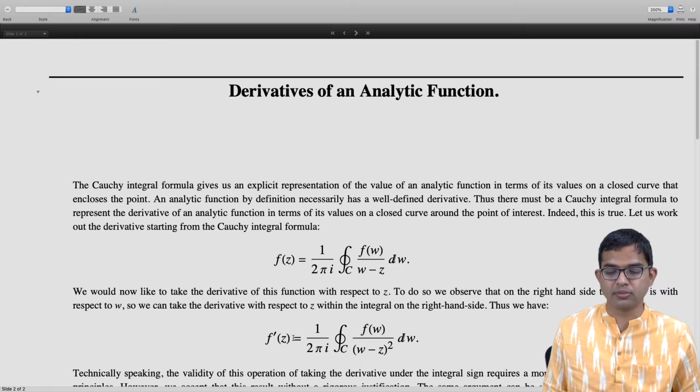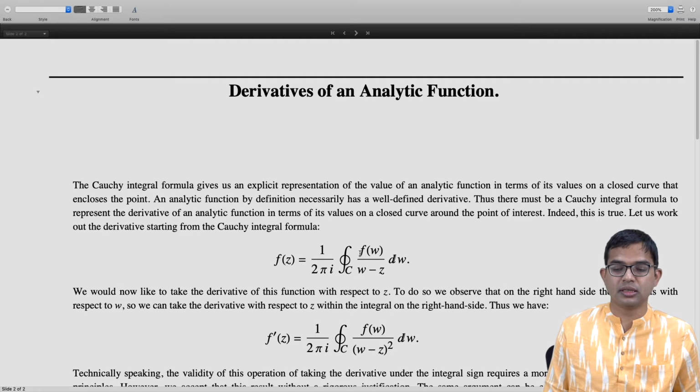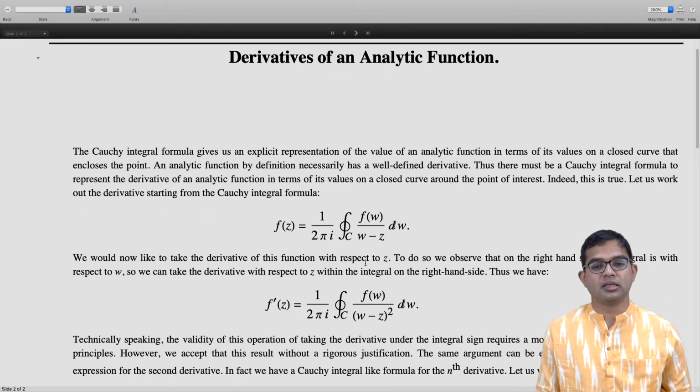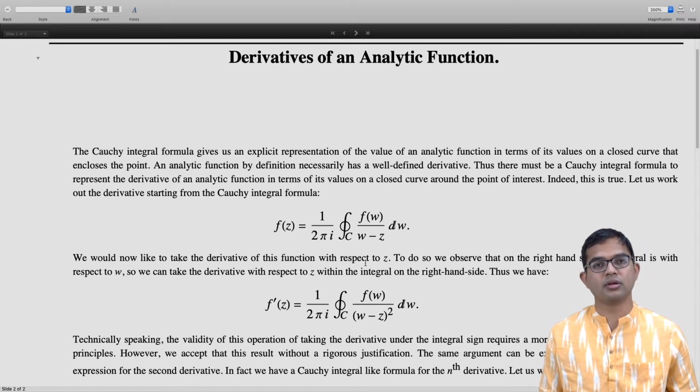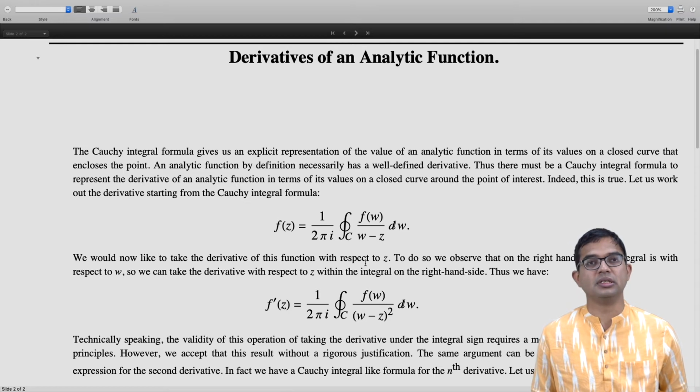So f prime of z is equal to 1 over 2 pi i. We have f of w, which will remain as it is. The only dependence on z within the integrand comes from this 1 over w minus z. So you get minus 1 over w minus z the whole square, times minus 1. So it's just f of w divided by w minus z the whole square. So in fact, this is like a Cauchy integral formula for the first derivative of this function f of z.